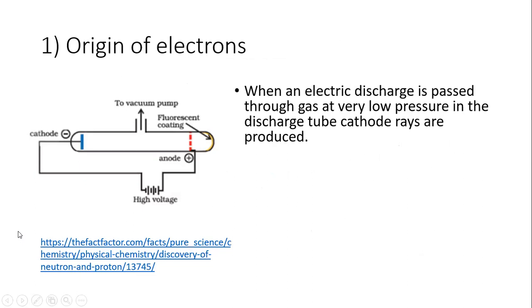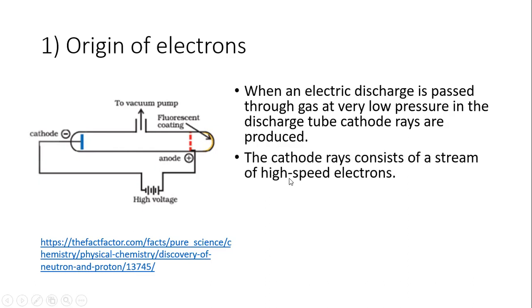Origin of the electron: when an electric discharge is passed through a gas at low pressure, that's your discharge tube connected to a vacuum pump with low air pressure here. There's your cathode, your anode, your fluorescent screen, gas at low pressure.